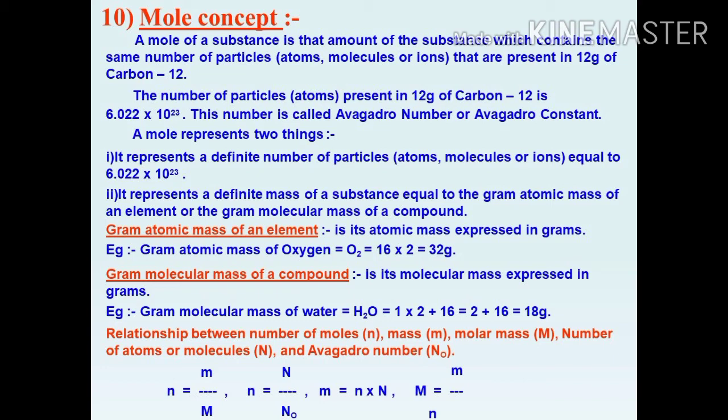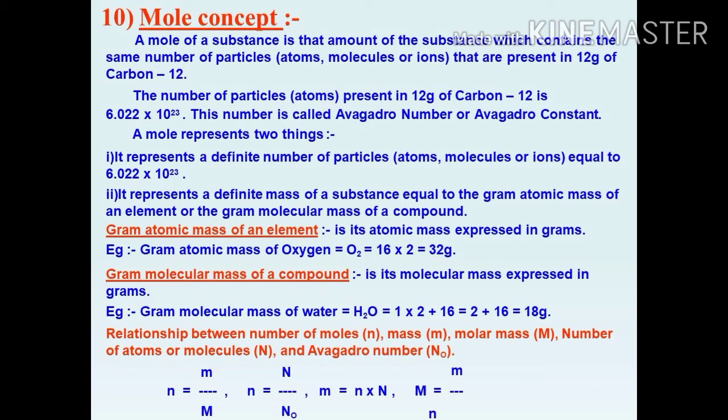So, a new unit, mole, was introduced. A mole of a substance is that amount of the substance which contains the same number of particles that are present in 12 gram of carbon-12.